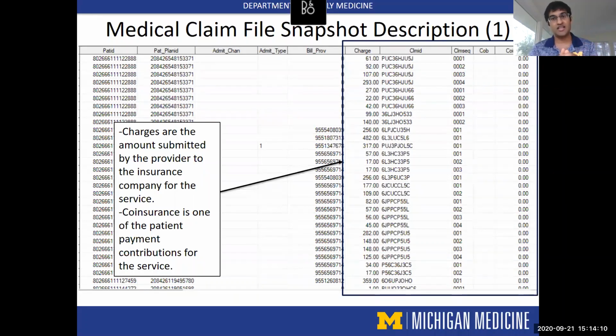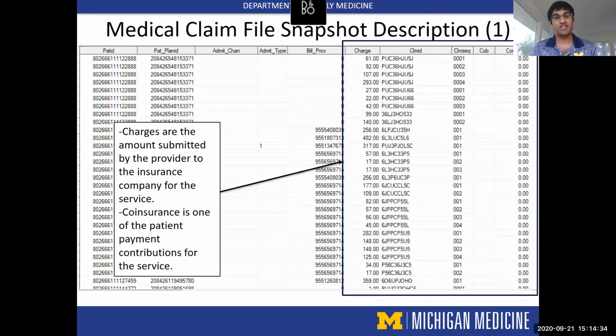Every line item here, every row represents some kind of charged service, something that was billed to the insurance company. So there are various terms that we use in the claims world. One is what is charged. This is the amount that's submitted by the provider to the insurance company for the services rendered. This is the amount that they're requesting basically for reimbursement.